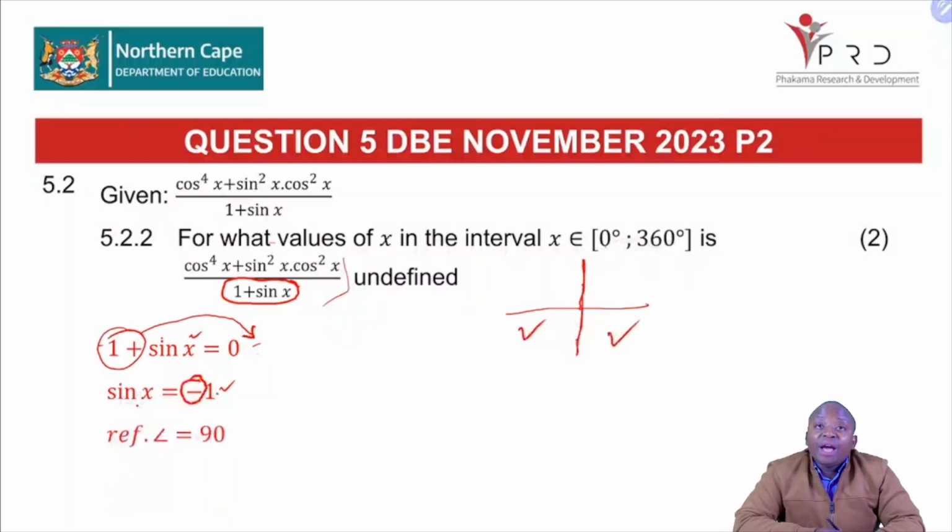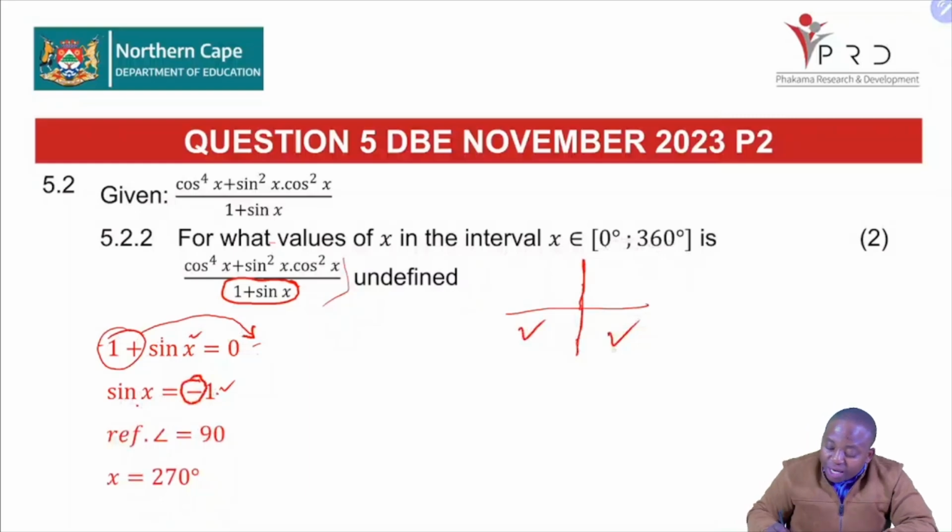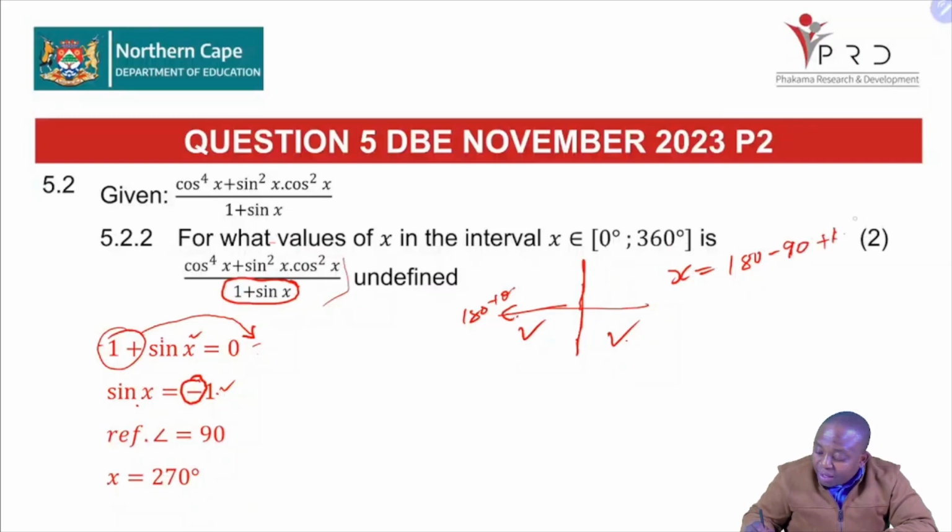So that is where I have my sine to be negative. Now, what do I do in this case? We can see that our sine is negative in the third quadrant. What do I have on my third quadrant? I have 180 plus theta. That means from my reference angle, x is equal to 180 plus the reference, which is 90, plus k times 360.